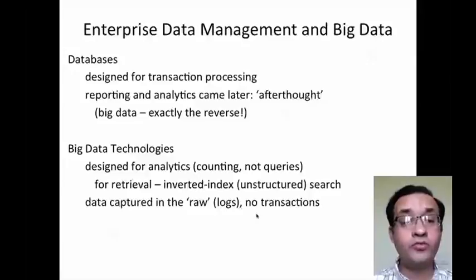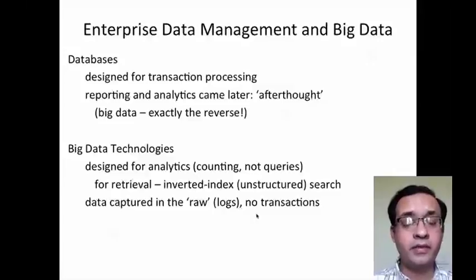It's much easier to, for example, use an inverted index, which is similar to what one would use for unstructured data, to retrieve those rows, rather than run a large-scale MapReduce job. We'll look at that in a little bit more detail, since Dremel looks at this in a slightly different light in a few minutes. But by and large, the batch MapReduce paradigm is really designed for counting, not for doing queries.